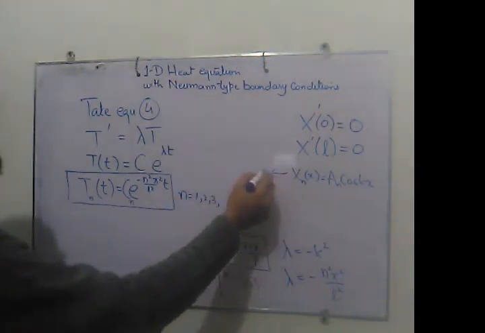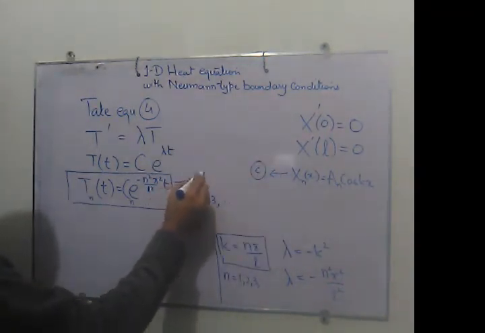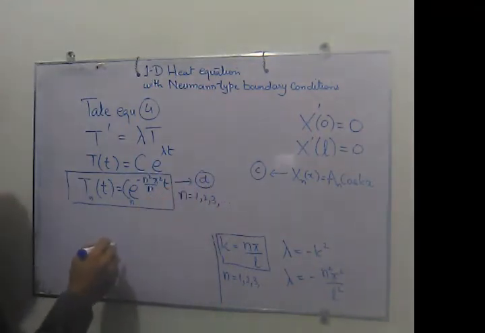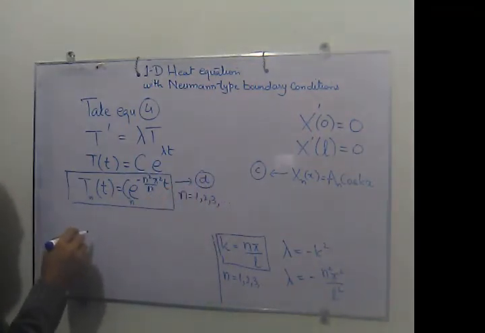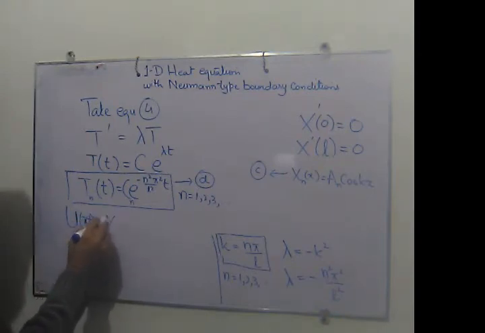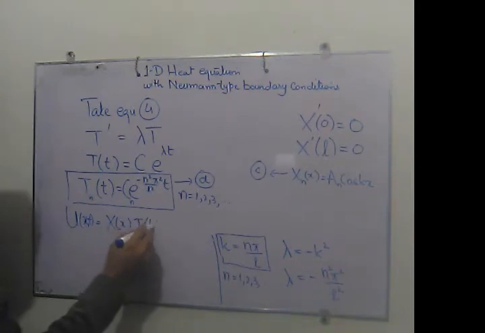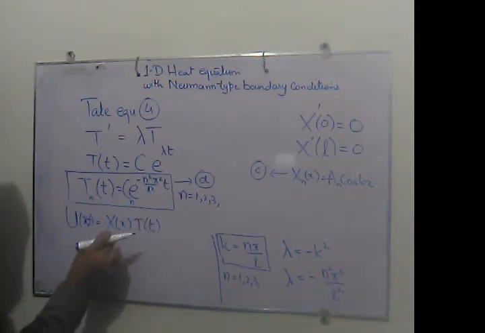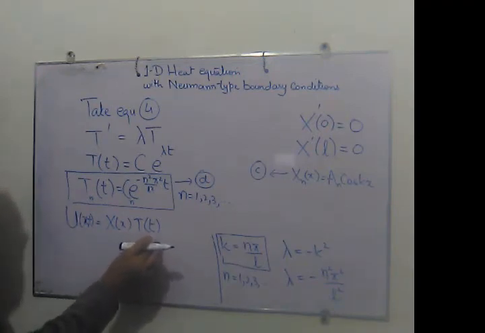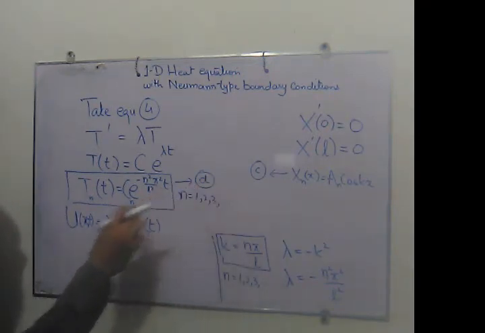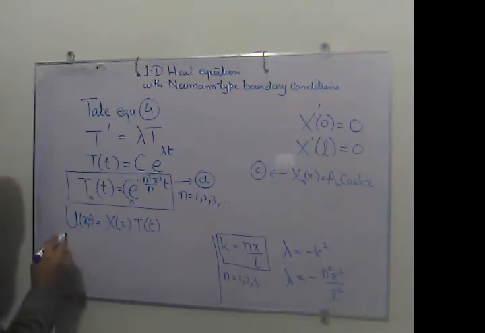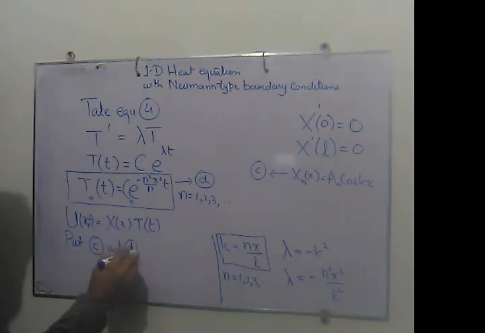We have called the previous one equation number C, so we call this one equation number D. If you remember, our assumed solution, which was equation number 2, was u x t is equal to X of x T of t, which means that the assumed solution requires the solution of equation 3 and the solution of equation number 4. We have got both of them and we can put C and D in equation number 2.